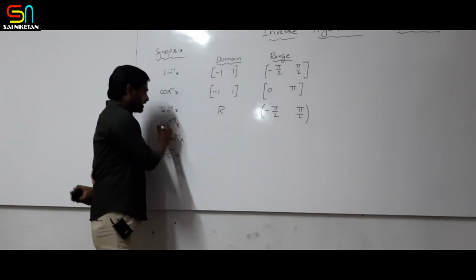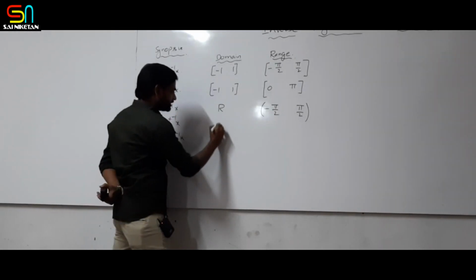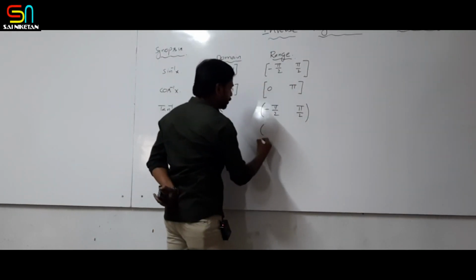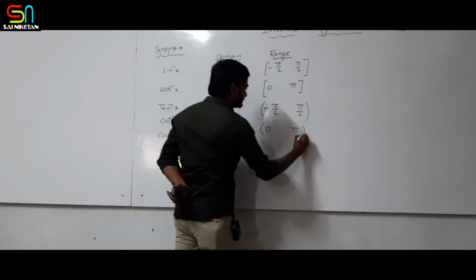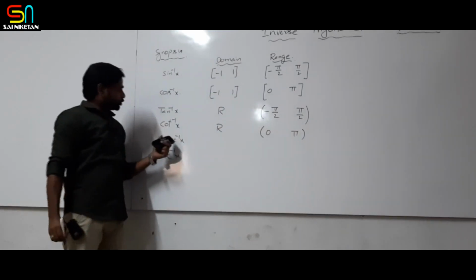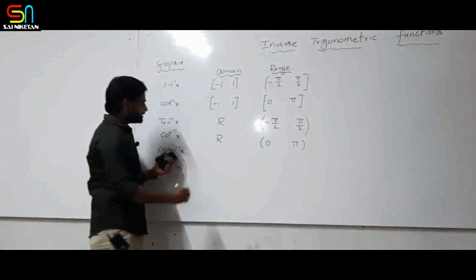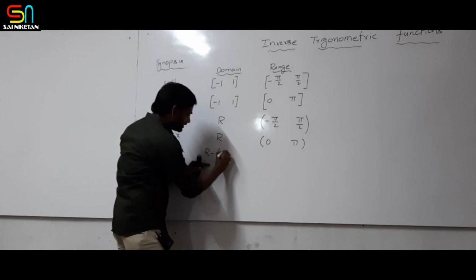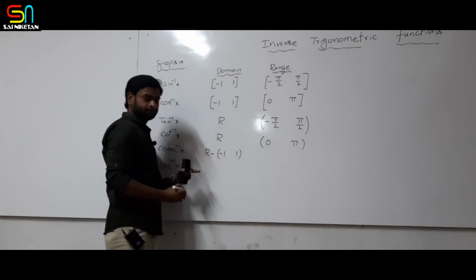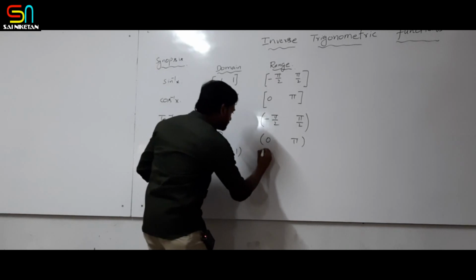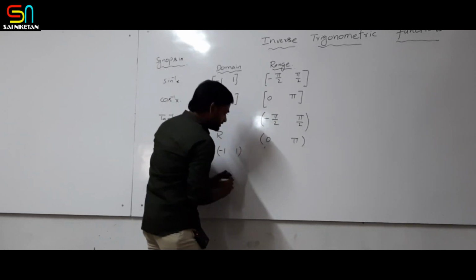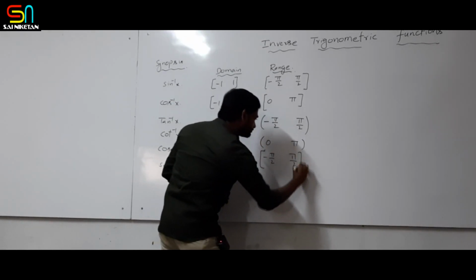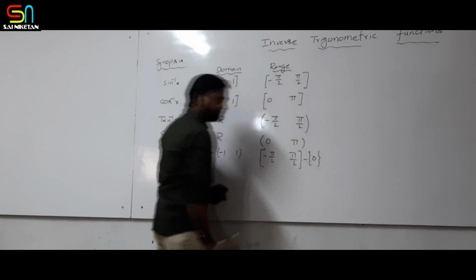In the same way, the domain of cot inverse x is real numbers, and the range of cot inverse x is the open interval of 0 to pi. Next, cosecant inverse of x. The domain of this one is real numbers minus the open interval minus 1 to 1, and the range is the closed interval of minus pi by 2 to pi by 2 minus 0.